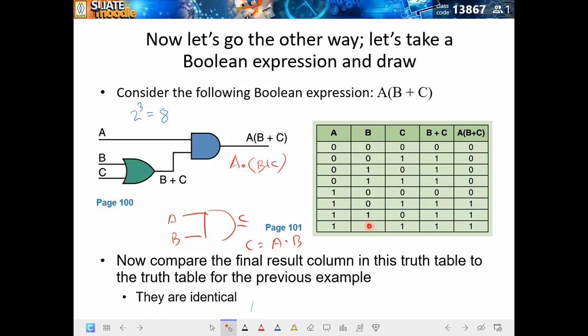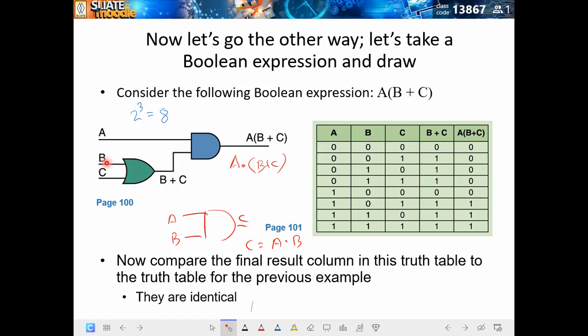All combinations are there. Then you first have to decide the output here, B plus C, B or C. This column shows the output B or C based on the two inputs B and C. Because this is an OR gate, the output becomes true if one of the inputs is true or both are true.